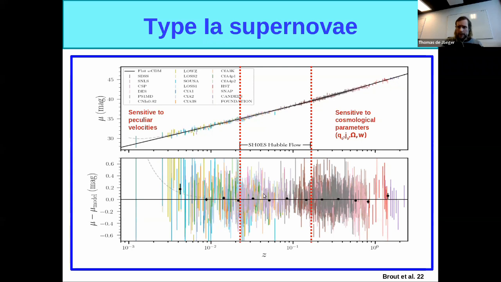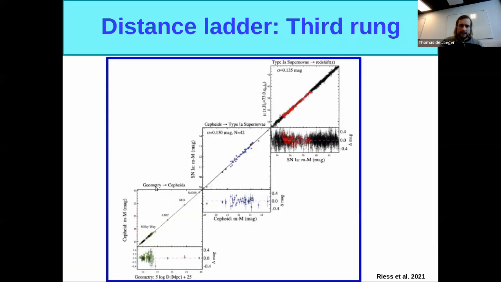So now you have the three rungs to measure the Hubble constant using type Ia supernovae. Again, you have the geometric distances, you calibrate the Cepheids, then you calibrate the type Ia supernovae, which explode in the same host galaxies as the Cepheids, and then you use those calibrated supernovae to measure precisely the distances of supernovae in the Hubble flow. So you can fit this, and from this you can measure the Hubble constant. And this is what Adam Riess has done with the SH0ES team.